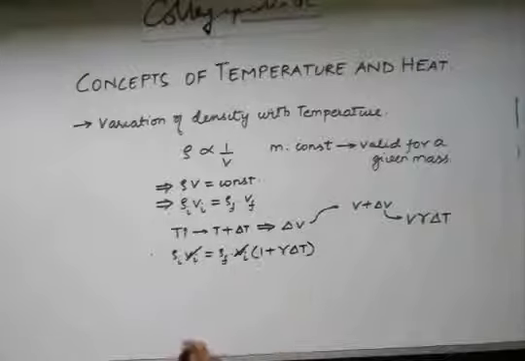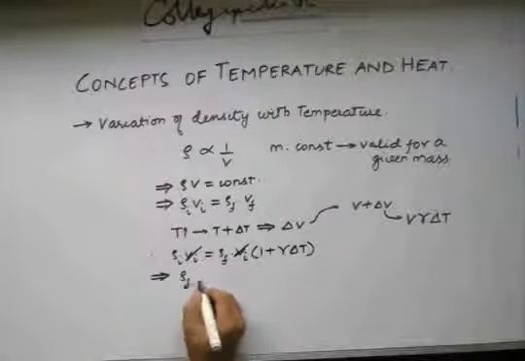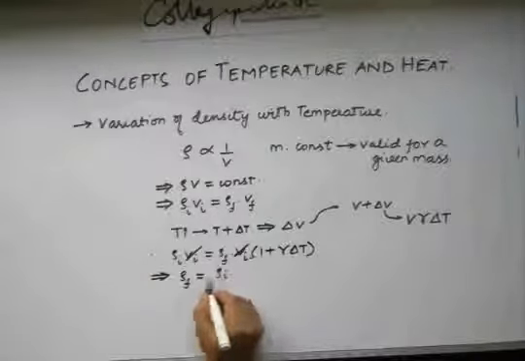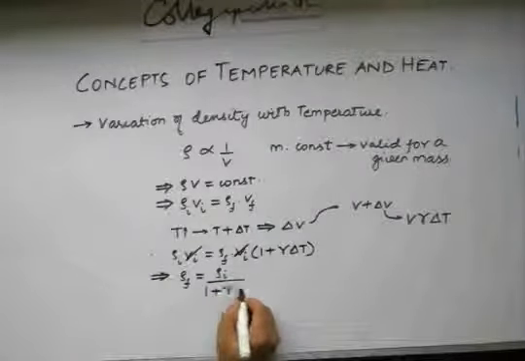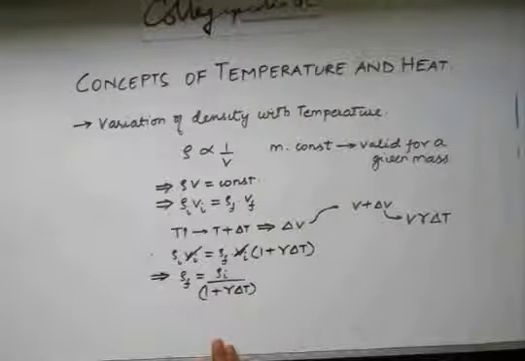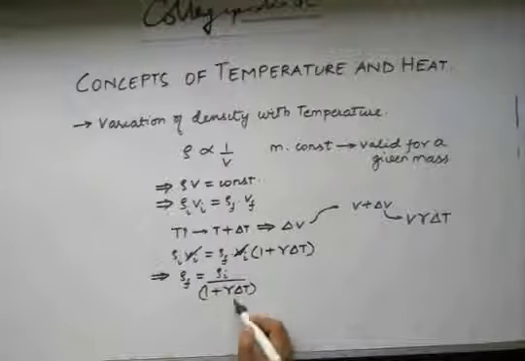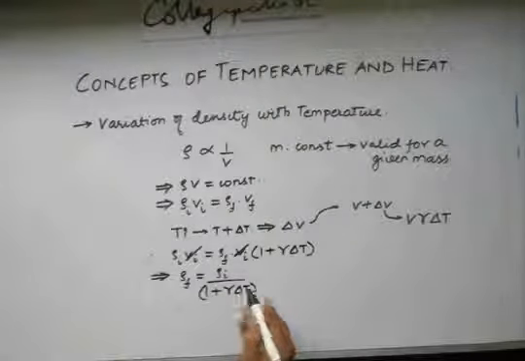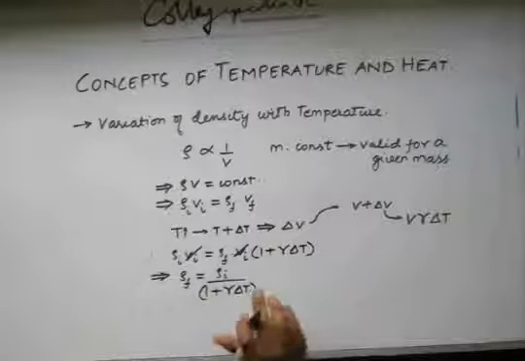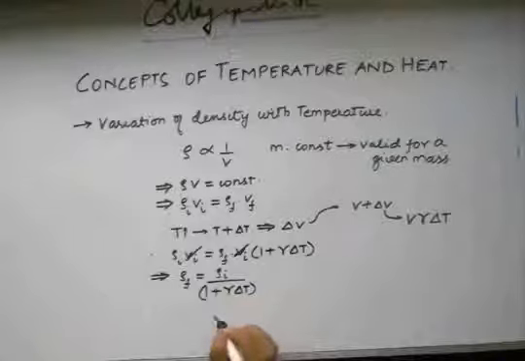This V initial cancels off from both sides. This results in rho final becoming equal to rho initial divided by 1 plus gamma delta T. Now, we say that this quantity is very small compared to 1, which is going to be the case in almost all our calculations. We will be generally dealing with metals, and metals have a very low gamma and alpha both.